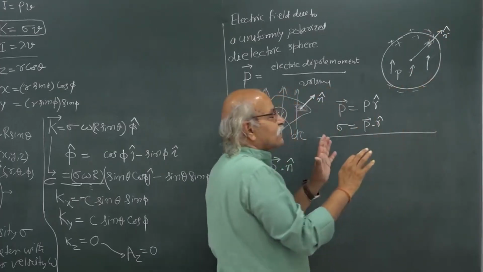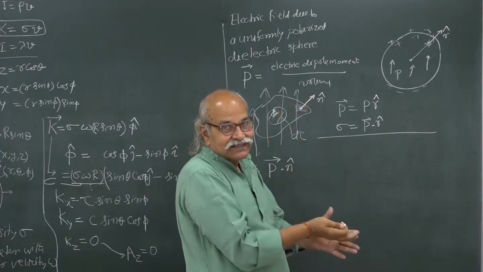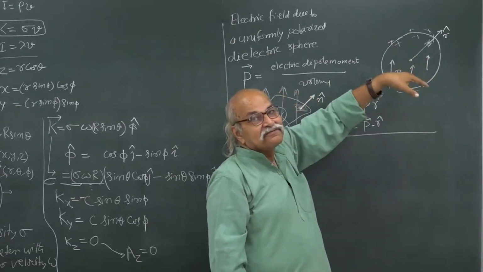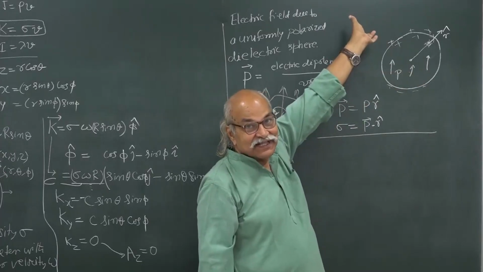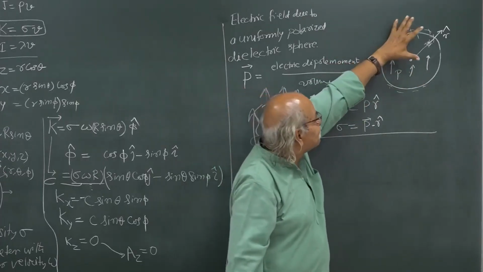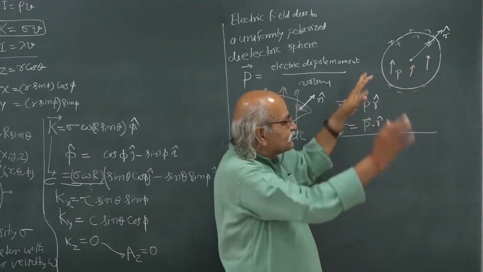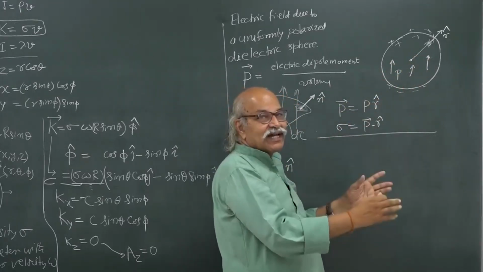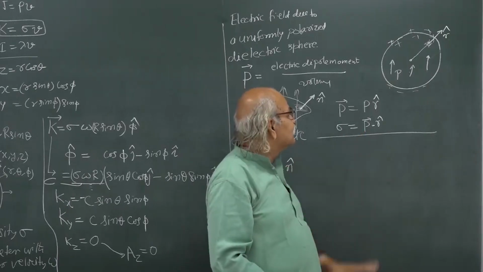Remember, this is not a circle, this is a sphere. Remember, half the sphere is on the classroom side, half the sphere is on the other side of the board, and I am talking of the surface, this whole surface. So, on this side you will have positive charges, on this side you will have negative charges with a certain charge distribution.